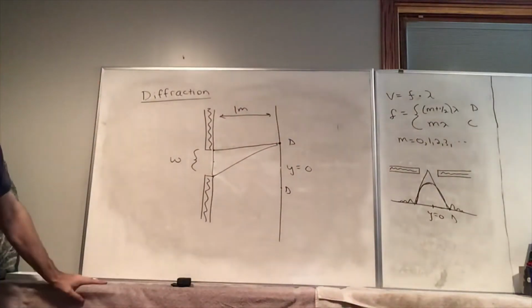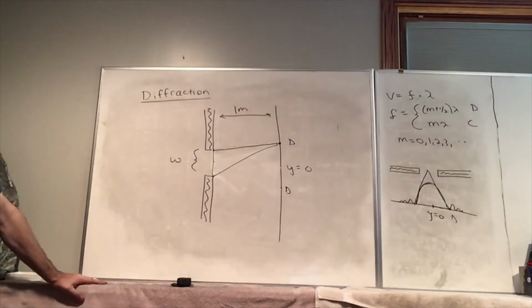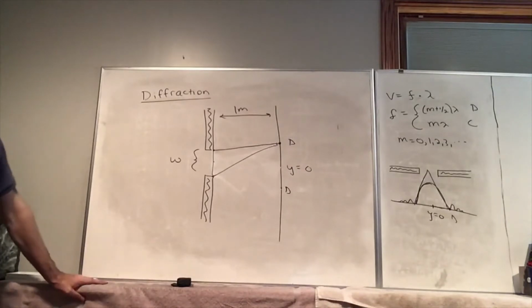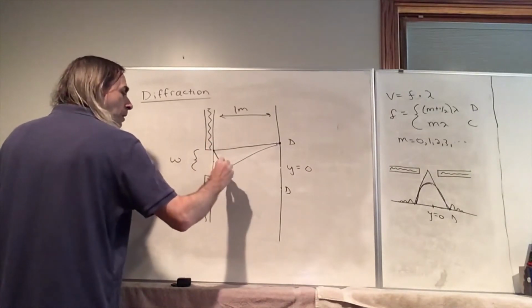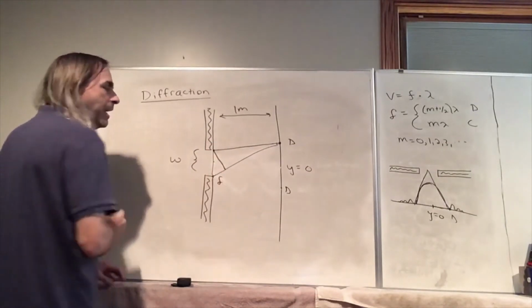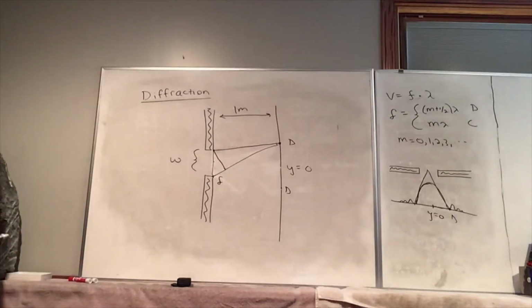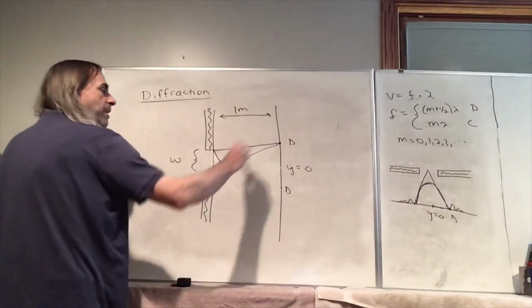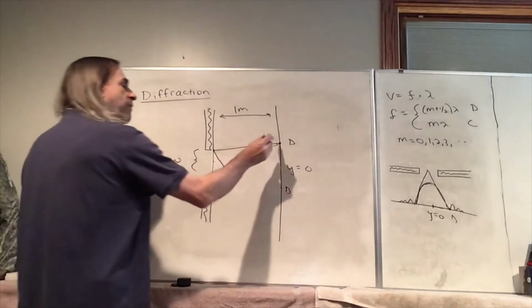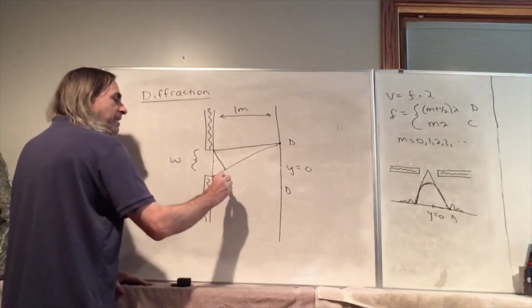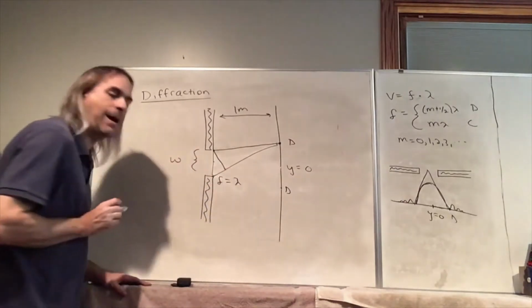So we're going to draw lines from the top point and the bottom point to D. And this is the path length difference between the two. These two distances are the same, and delta is the path length difference. Because we have destructive interference here, I'm going to say delta equals lambda.